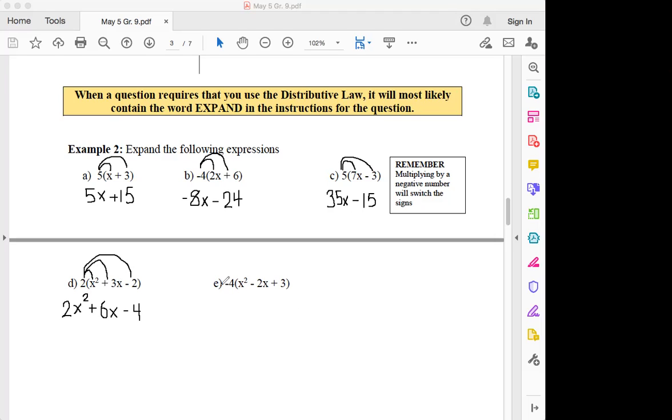Okay, so we'll do the same thing here. So this is going to change all of the signs inside the bracket because of the negative. So we're going to do -4 times x squared, -4 times -2x, and -4 times 3.